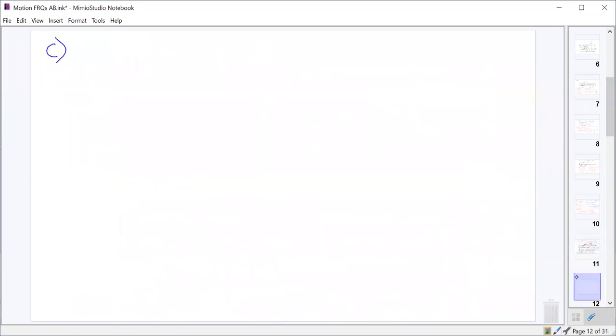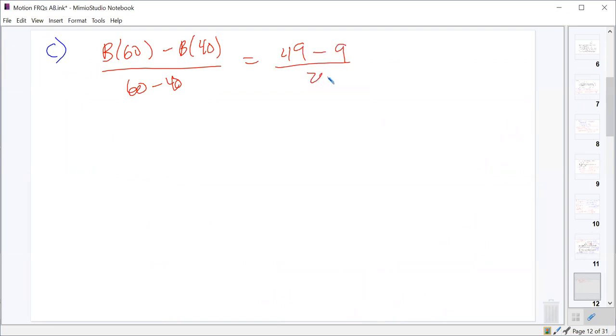So we will look for b of 60 minus b of 40 over 60 minus 40. B of 60 is 49, I think, from the chart, and b of 40 was 9. That's 40 over 20, which is 2.